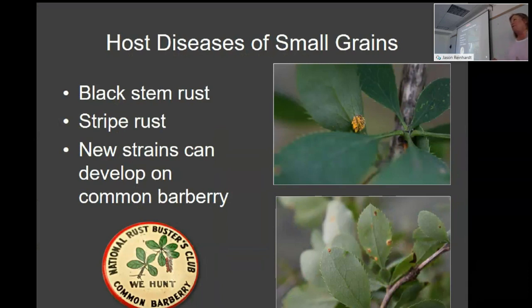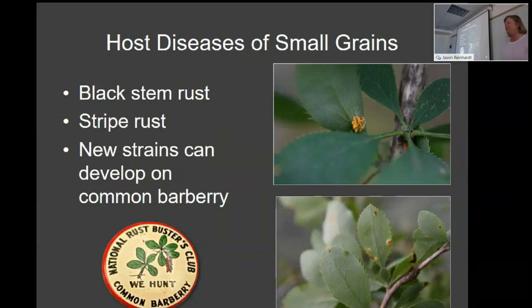But common barberry is key to the sexual reproduction of black stem rust, where then we could get crossing and new strains that things like wheat and barley are no longer resistant to. So there are a lot of concerns about that.